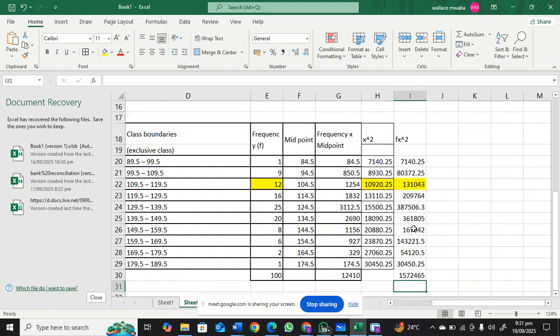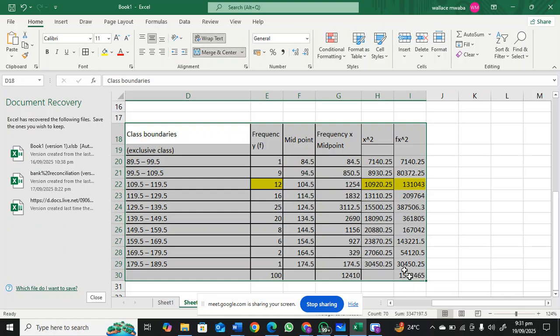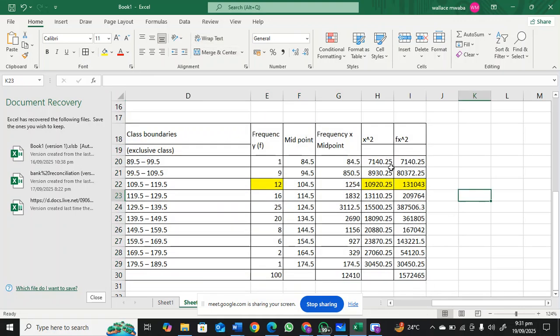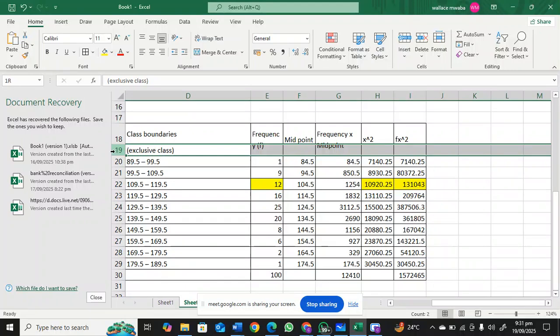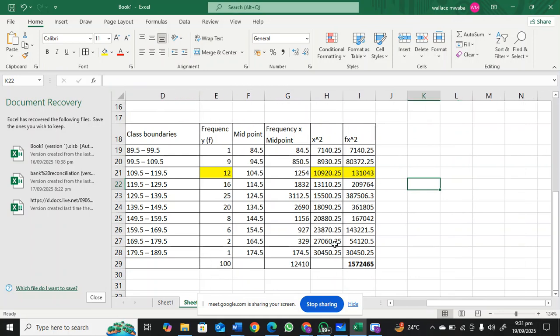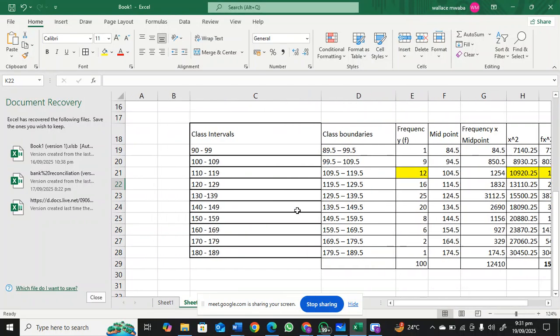You add up all these numbers. Then we can go back to our formula and start substituting everything in.